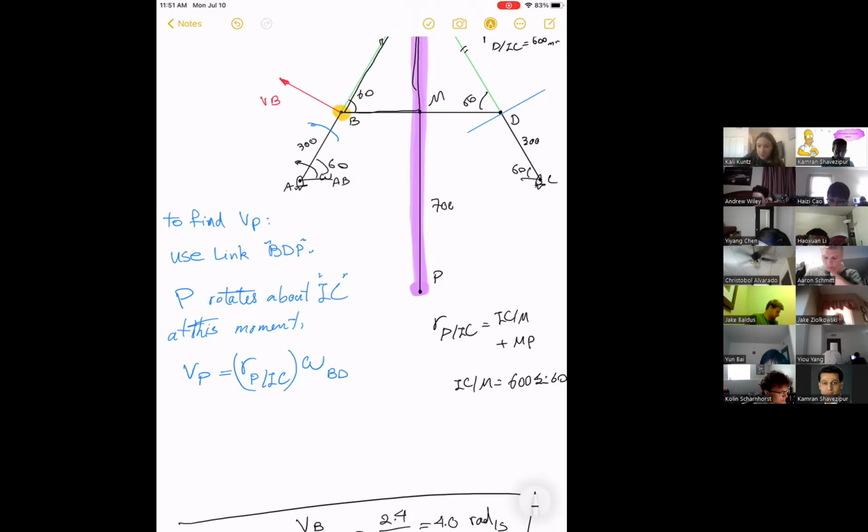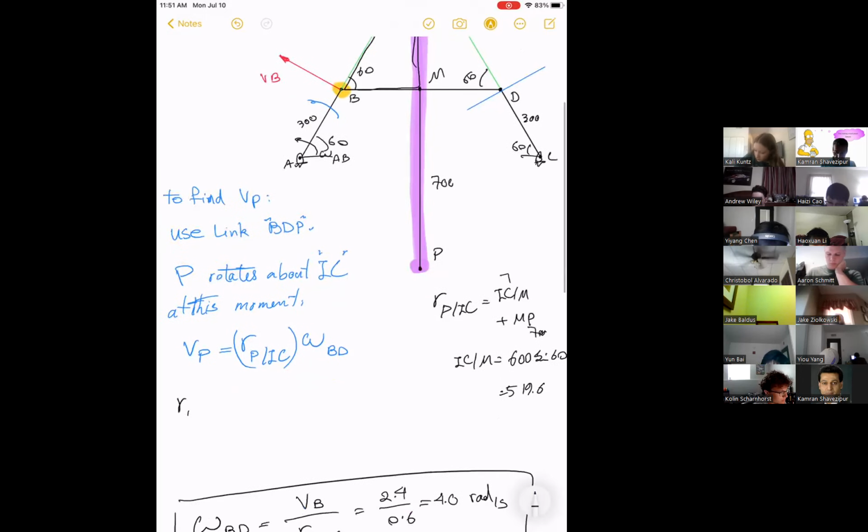So 600 times sine 60 is going to be 519.6, plus this is 700. So overall R_P/IC is going to be 1.2196 meter, or 1219.6 millimeter.